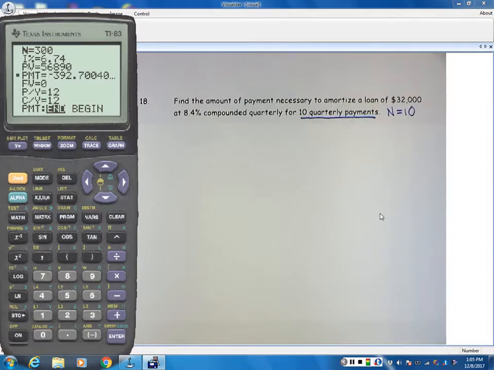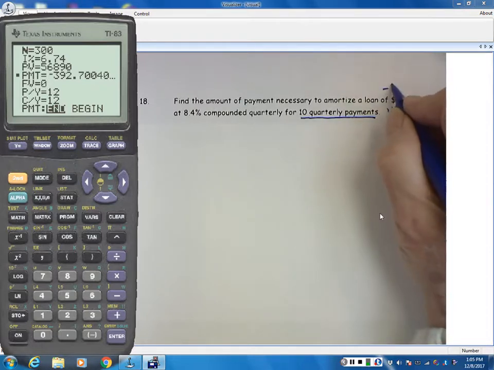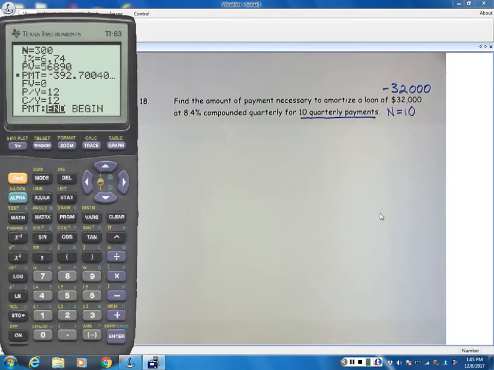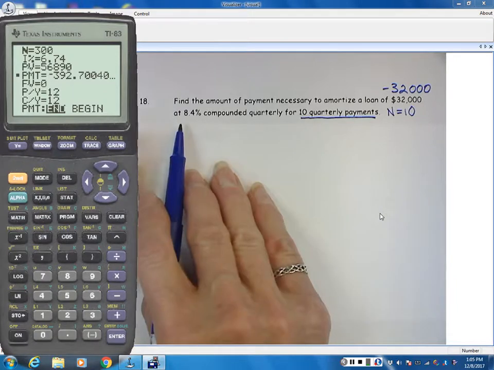And your loan is $32,000, so you can put it in as a negative, but it's still going to give you the payment amount as negative, whether you do or not. And 8.4% is your interest rate.